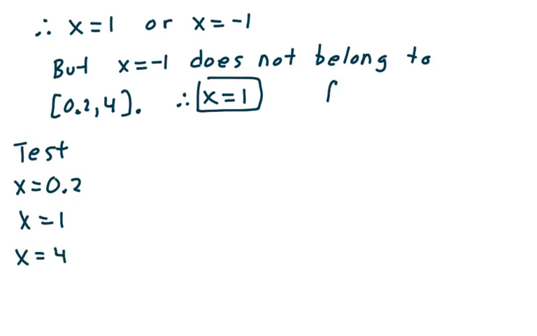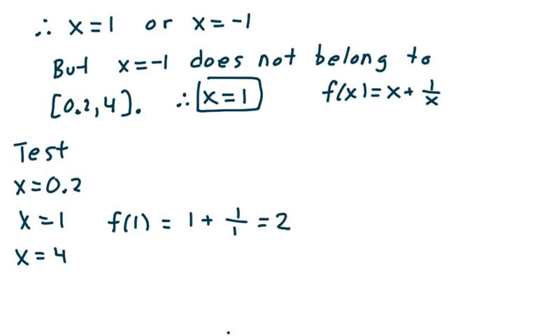Now, let's remind ourselves, f of x is x plus 1 over x, right? So I'm going to plug 1 in for x. And when I do that, I get 1 plus 1 over 1, which is equal to 2. If I plug 4 in for x, I get 4 plus 1 over 4.